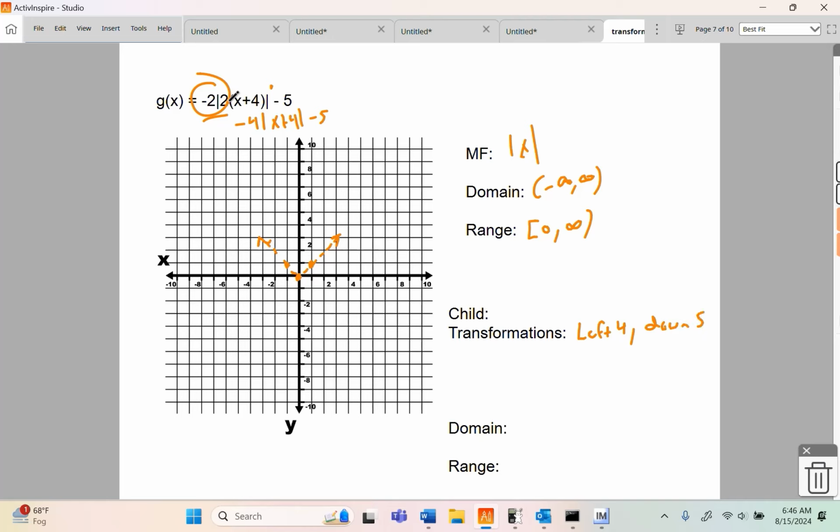And if we look at the way this thing is written, we have a horizontal compression that is literally half the width. A 2 cuts you in half widthwise on the inside. And we have a vertical stretch, twice as tall.